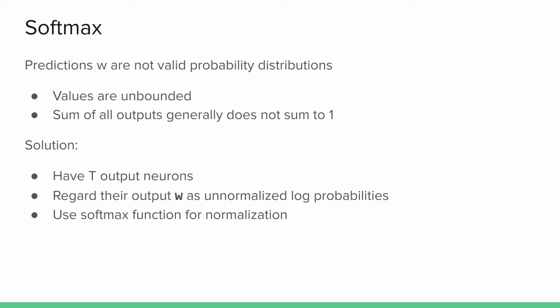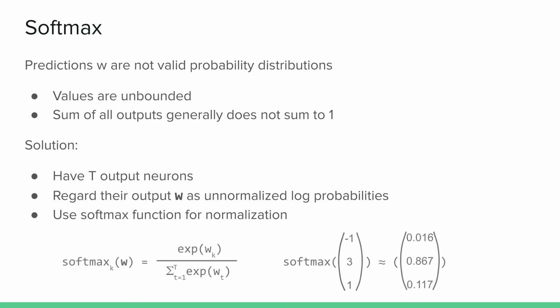The softmax function computes this function here, which squeezes any value into the range of 0 to 1, and the normalizing term at the bottom ensures that the sum of all values always adds up to exactly 1.